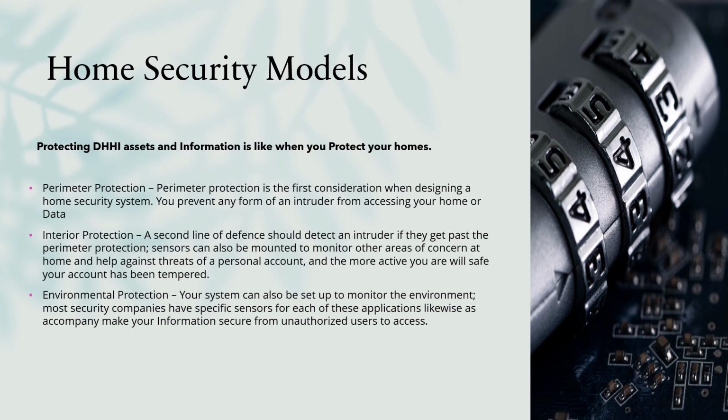You prevent any form of intruder from accessing your home or data. Second, we look at interior protection. A second line of defense should detect an intruder if they get past the perimeter protection.